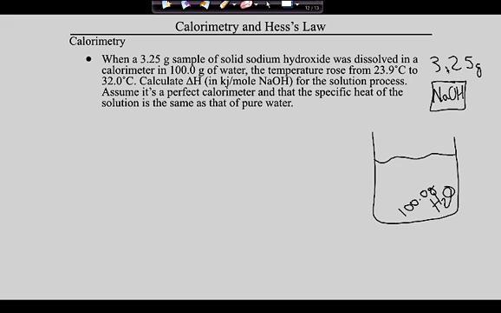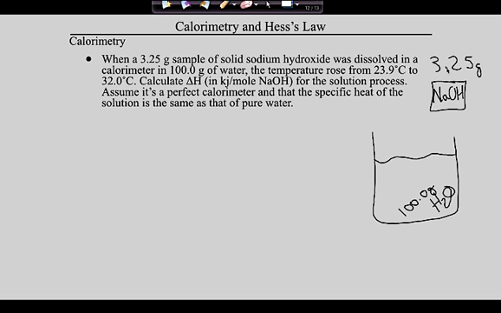So guys, let's talk. Question number one is this. What's our system? The sodium hydroxide. What's our surroundings? The water. What do we know about the amount of energy lost by the sodium hydroxide? Equal to the amount of energy gained or lost by the water.